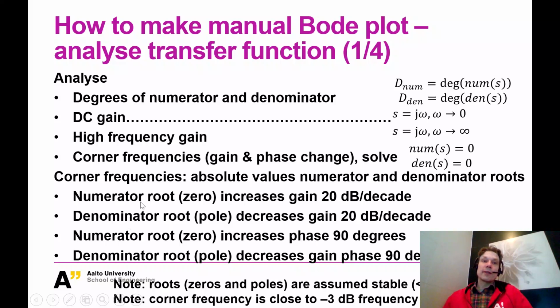And always if you have a numerator, let's say first order, meaning a first order polynomial, it increases the gain 20 decibel per decade, and a denominator vice versa decreases the gain. If you have second order, it is 40 decibels. But we'll do this more profoundly in the exercise, and you can always revisit these rules. Corner frequencies we try to recognize, so where is the -3 dB frequency? That is important for filters, for instance.